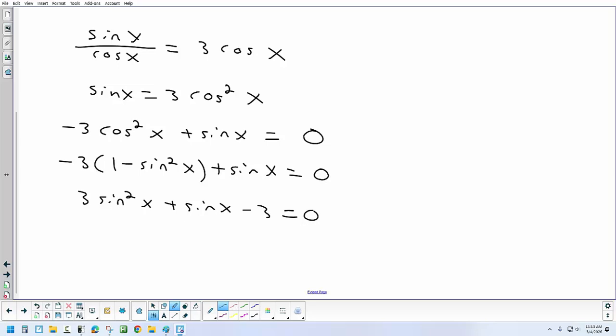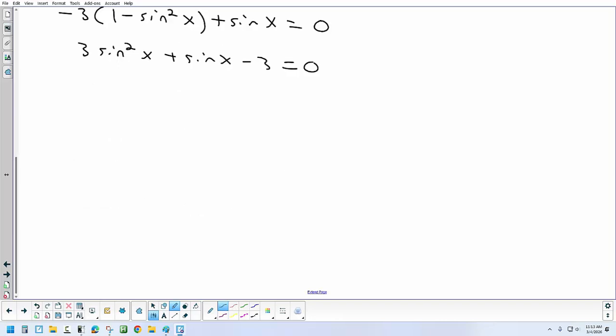Yeah, Davis? Sorry. Yeah, we're going to do quadratic formula. A is 3, B is 1, C is negative 3. You're going to do it just like you do quadratic if you just had x's and you didn't have sine x's.